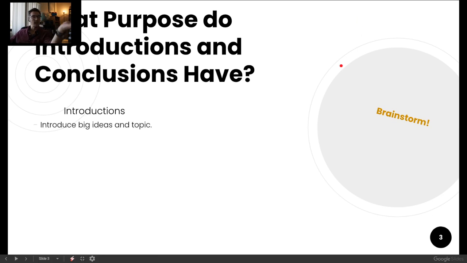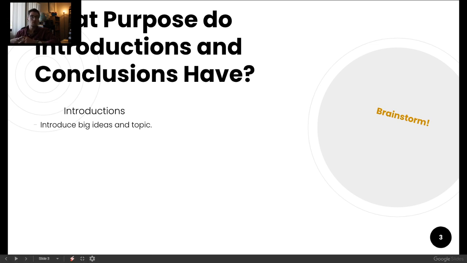Introduce the big ideas and the topic. That's the first one in my mind. Like Chloe said, we need to bring the reader up to speed as far as what this paper is going to be about. If you just start jumping into Chillingworth is angry, the reader doesn't know if you're talking about Chillingworth being angry because that's what your paper's about, or if you're talking about Chillingworth being angry because of something and that's what your paper's about, right?